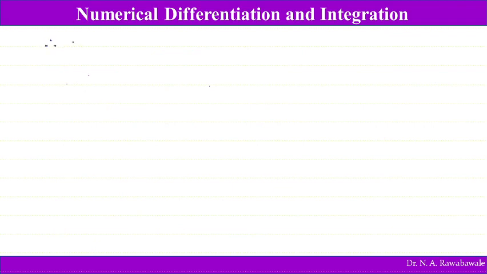Therefore dy by dx is equal to the limit as delta x tends to 0 of f of x plus delta x minus f of x divided by delta x. So graphically, if we want to represent this, we'll have a graph.